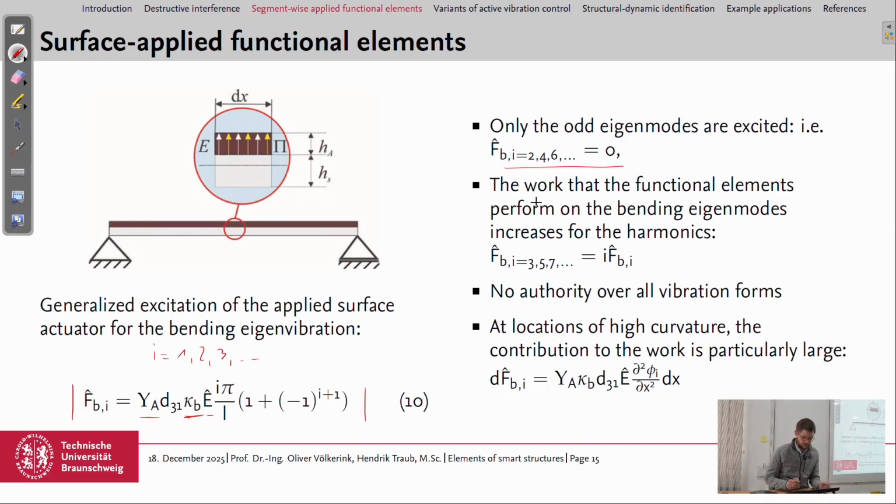For example, if I equals 2, then this one gets 0, because 1 minus 1 is 0, and then we have no generalized excitation at all.